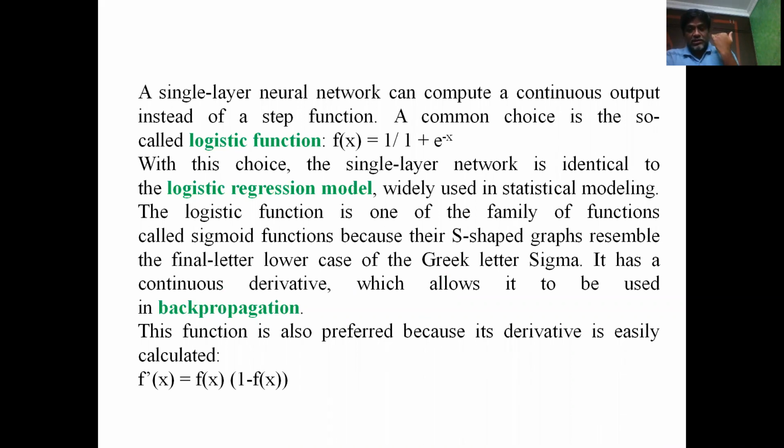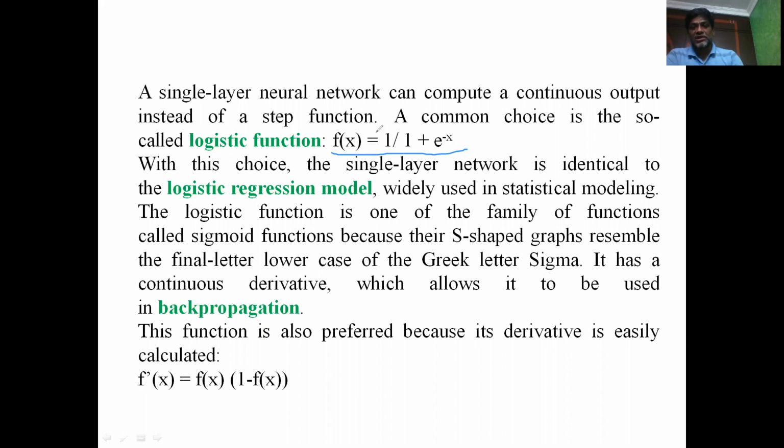Coming to the activation function, generally the activation function selected for single layer feed forward networks is going to be the logistic function or sigmoidal function. Instead of using a step function, we make use of the logistic function, represented as f of x is equal to 1 by 1 plus e power minus x.